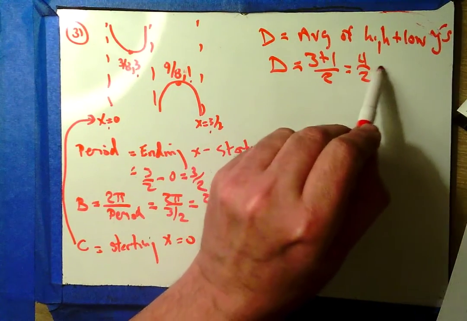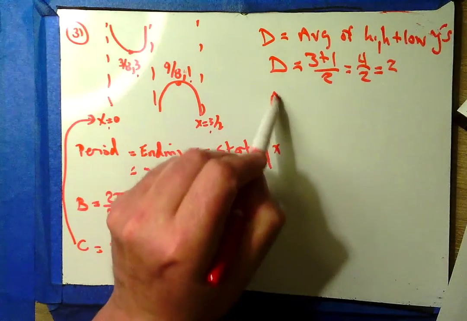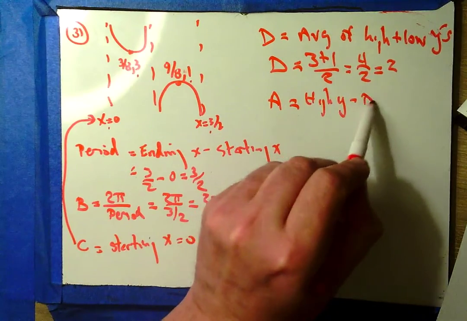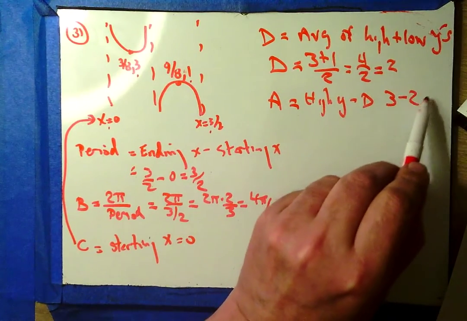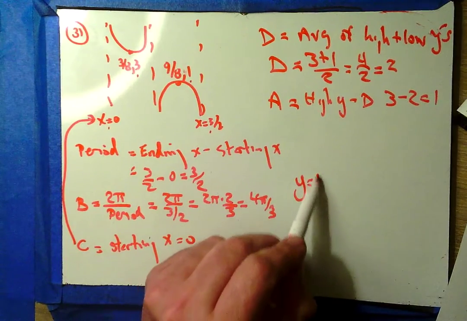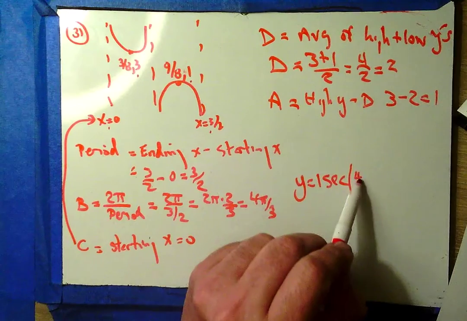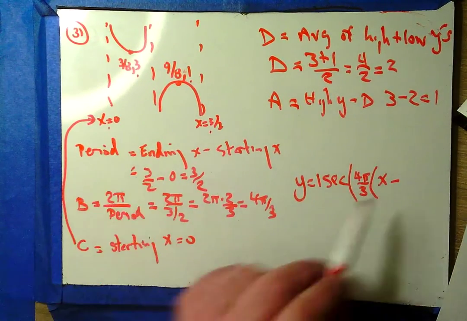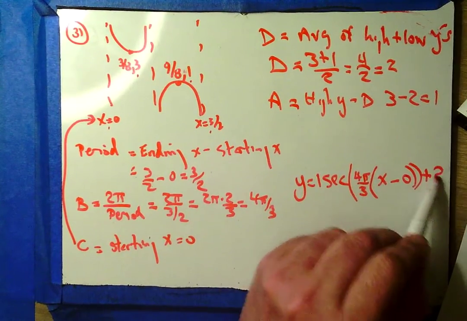We get 4 over 2, or 2. And then finally, what about our amplitude? Well, we said amplitude was high y minus d, and in this case that would be 3 minus 2, or 1. So I write y equals 1 secant, our b value, 4 pi over 3, x minus our c value, 0, close parentheses, plus d.